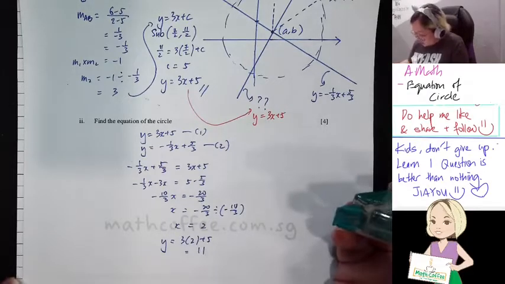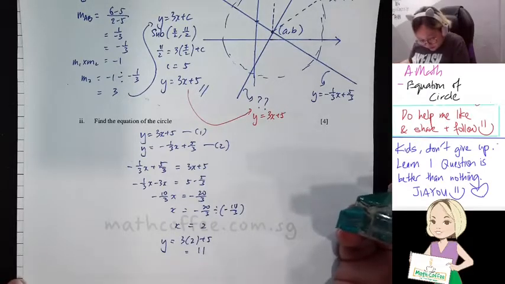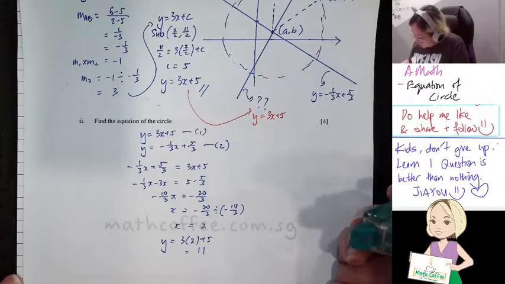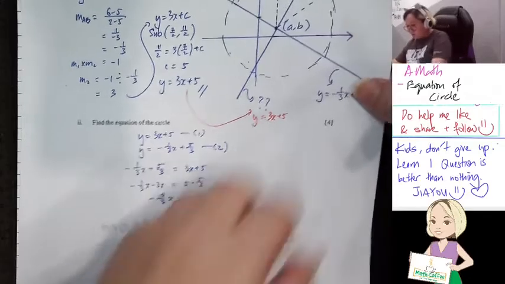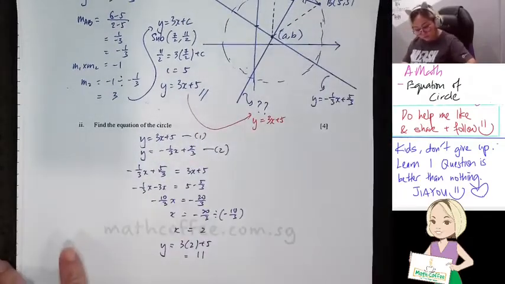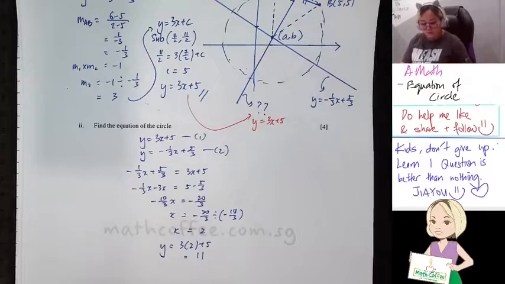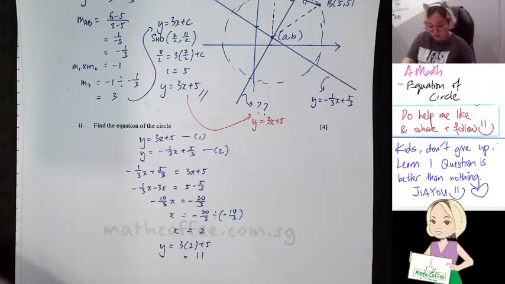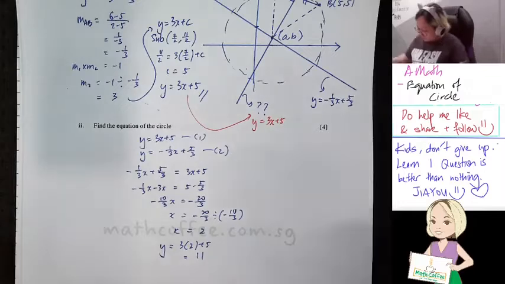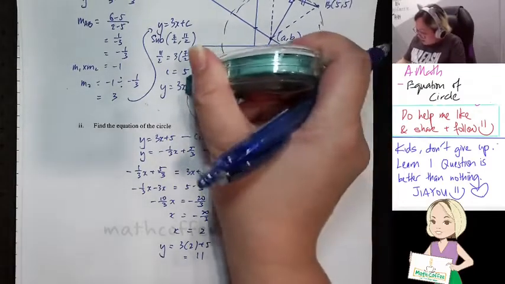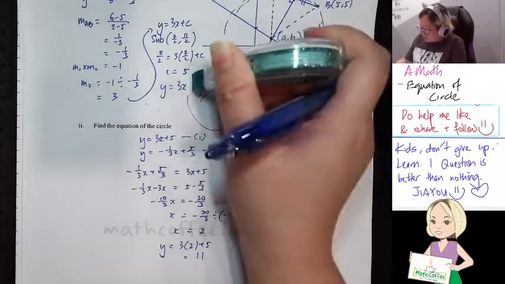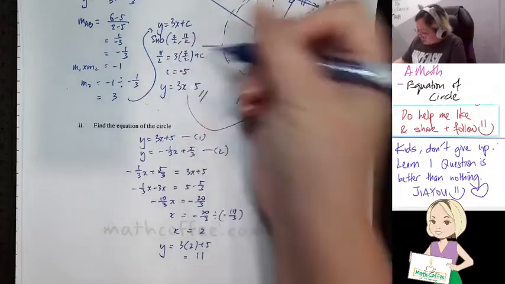Did I write wrongly? Wait. Give me a moment. I want to check something first. Wait. 11 over 2, minus 21 over 2. My bad, my bad. I had made a mistake over here. This is supposed to be minus 5.